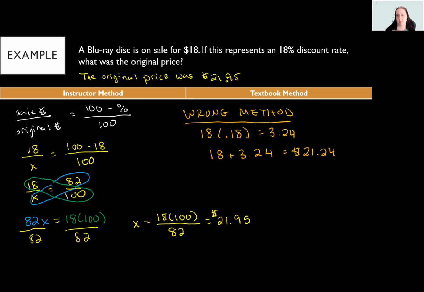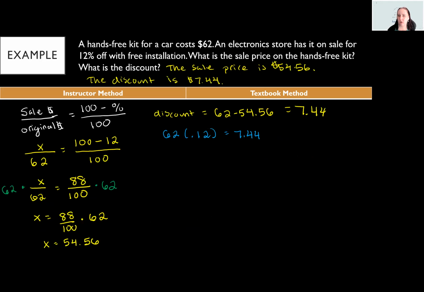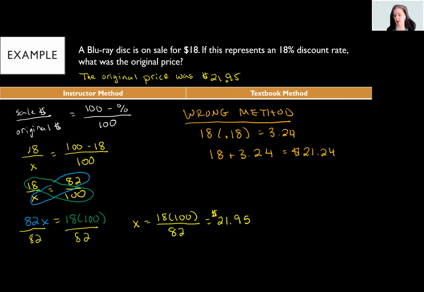If you do the textbook method, you are changing how you're doing the problem, because in this situation, multiplying by the percent works, and then you could subtract it. And so you might think, oh, multiplying and adding it back on will work, but it doesn't work. The method is completely different when you're trying to use the textbook method. You can't just use the same method and then change it to a plus, because it doesn't work. But if you use the proportion method, you don't have to worry about that. You just change whatever your unknown is, and you just go with it.